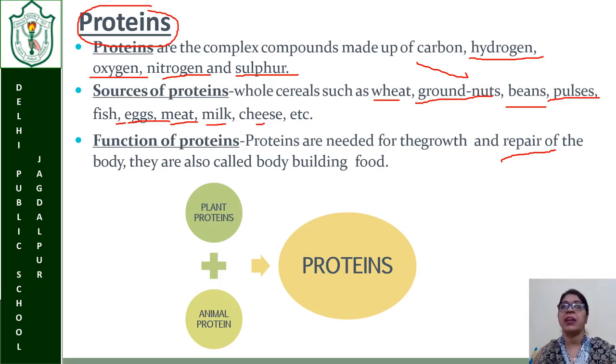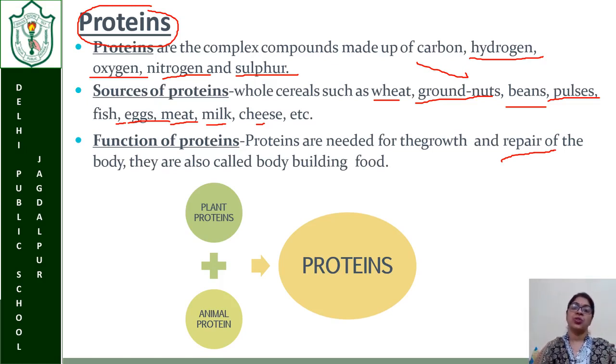That means their lifespan gets over or they get distorted. So in place of those worn out and old cells, new cells have to be replaced. To replace the old cells with new cells, we need protein. So this is also a kind of building. So proteins are called body building food.